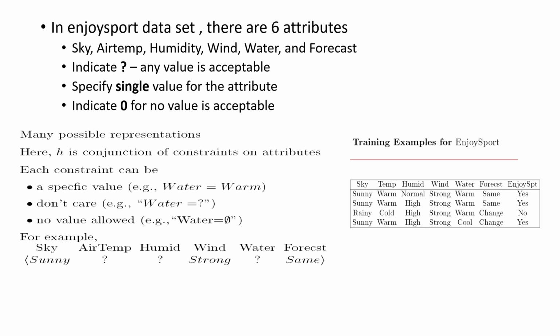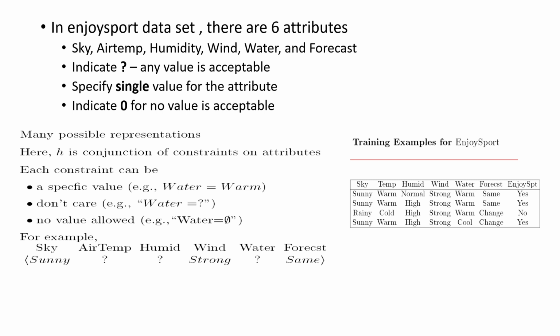For the purpose of demonstration, we will take a popular example, EnjoySport, having 6 different attributes: sky, air temperature, humidity, wind, water, and forecast. The result can be yes or no.